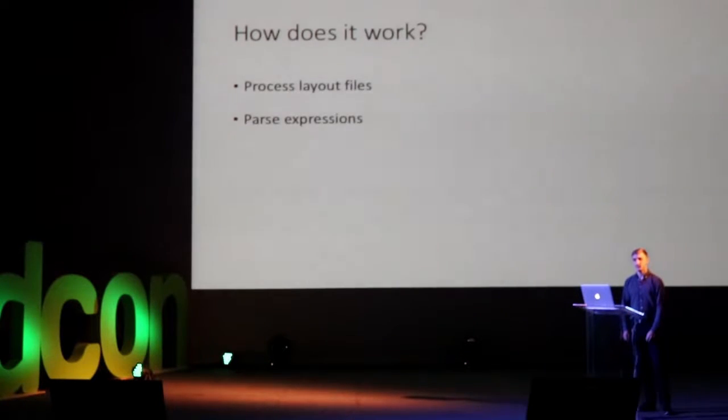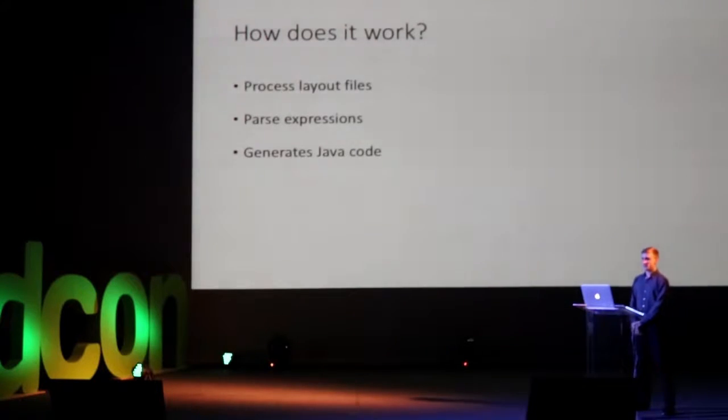And then it will start parsing the expressions that you made, and then it will generate Java code to replace all of the stuff you defined in XML. The nice thing about having this at build time is that you have compile time type resolution. So if you do anything wrong in your expressions, then you will get a build error rather than a runtime exception. That's very nice.